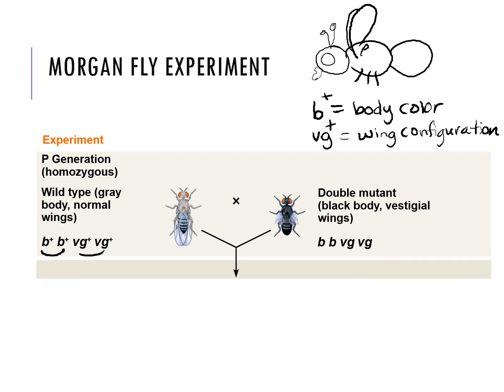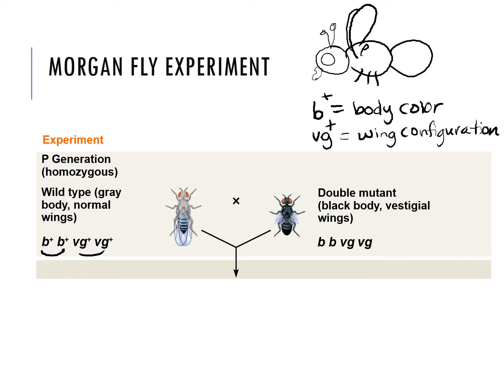So our Morgan fly experiment, the first one we're going to talk about, he took a regular wild type fly that is both gray, so normal, and has the normal wing configuration. So since it's a P generation, it has to be homozygous, so we have B+, B+, and VG+, VG+. And then he crossed this fly with another one that was a double mutant.